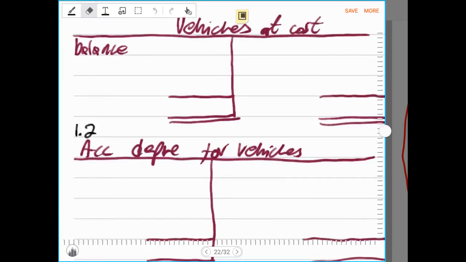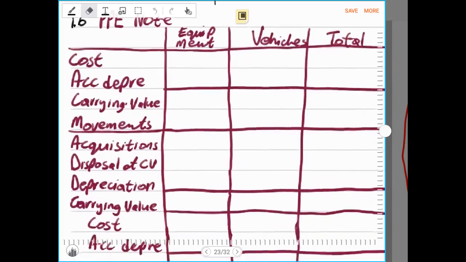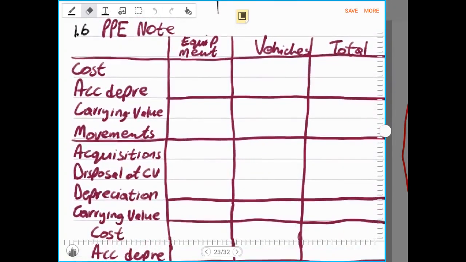So now it's also good to have that, because we have to do the property, plant and equipment note. So we will need this information from this ledger account. Then very importantly is the template of the PPE note. Then now after we have done the ledger accounts, we just transfer that in the property, plant and equipment note.